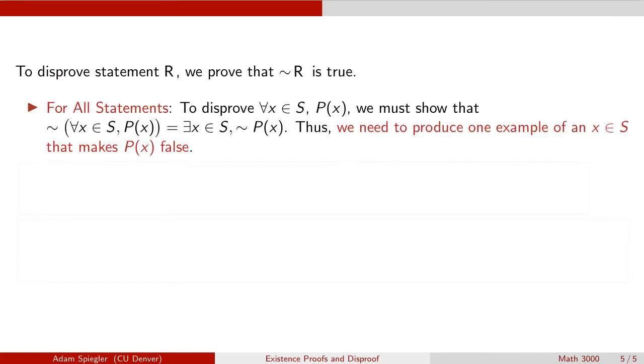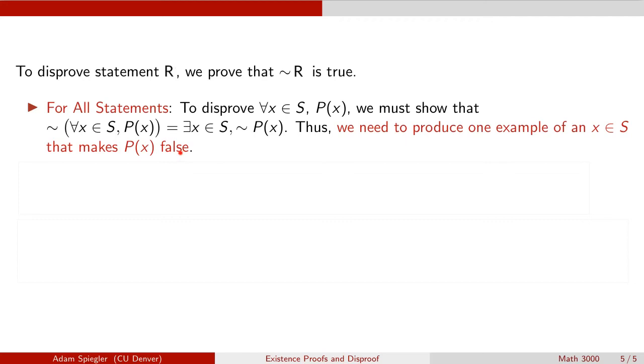Okay, so to generalize the discussion from the previous example, if we want to disprove a statement R, then we can prove that its negation, not R, is true. If the statement R happens to be a for all statement, such as for all x in some set S, P of x, then we can produce one example of an x in S that shows that P of x is false.